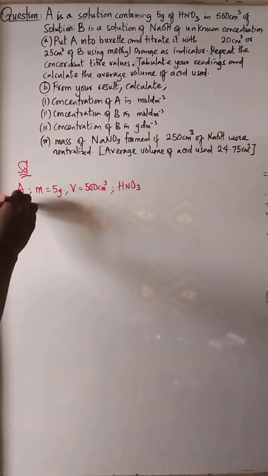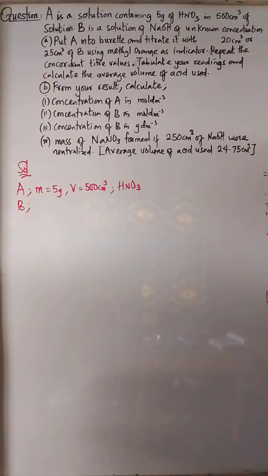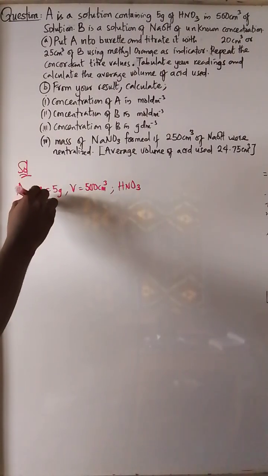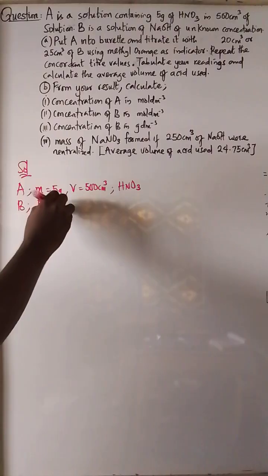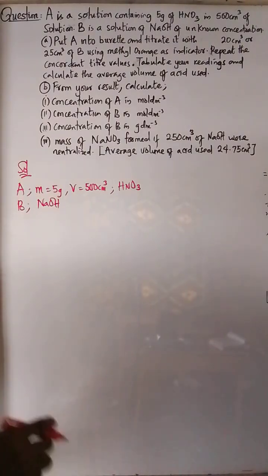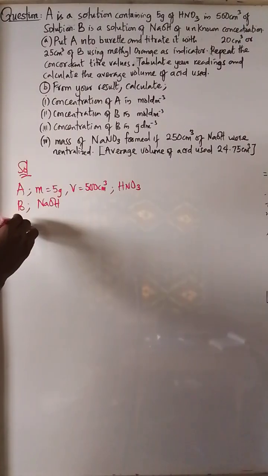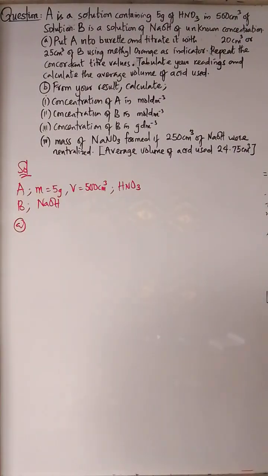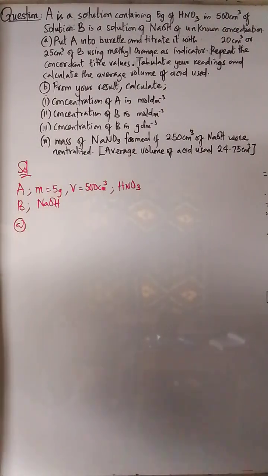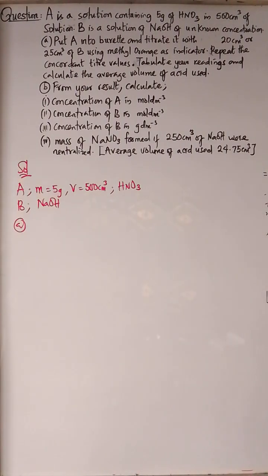The next info: B is a solution of sodium hydroxide of unknown concentration. No information is given. Now, the instruction: you are told to put A inside the burette. The burette is that long, narrow tube.